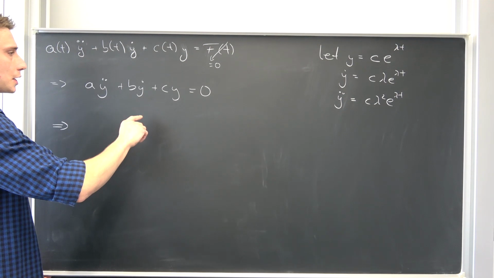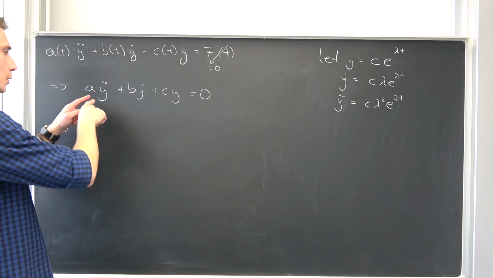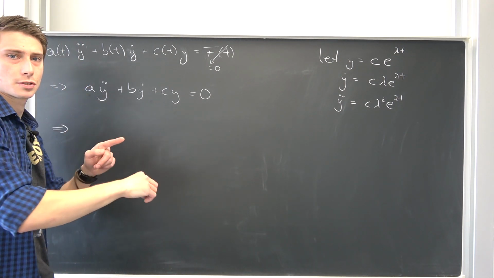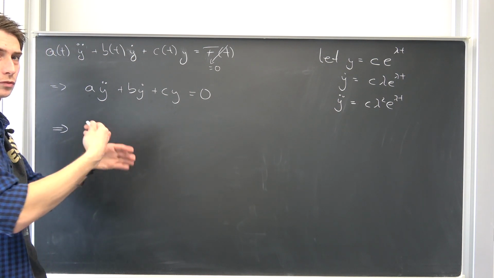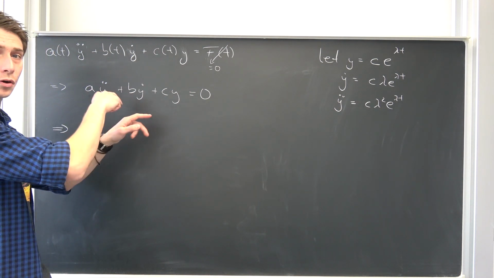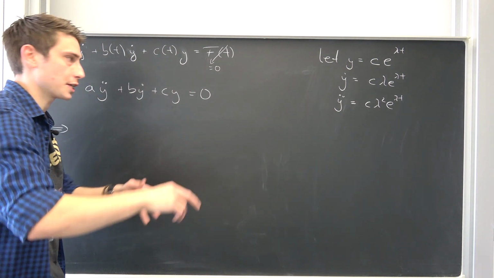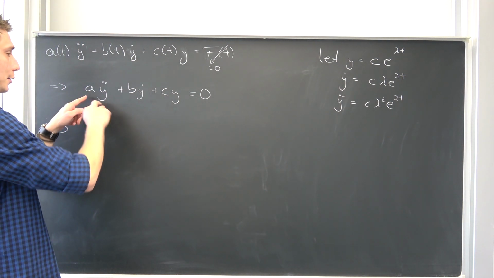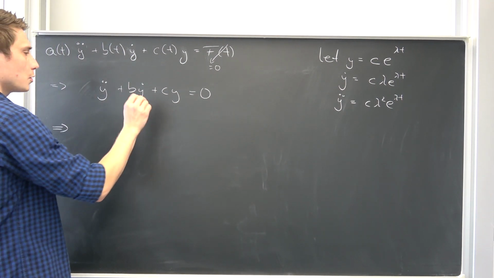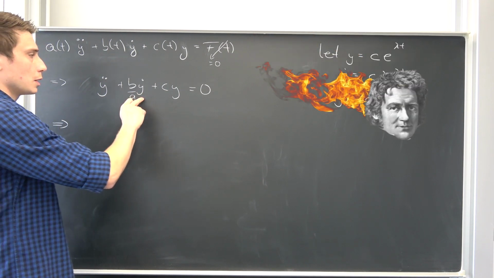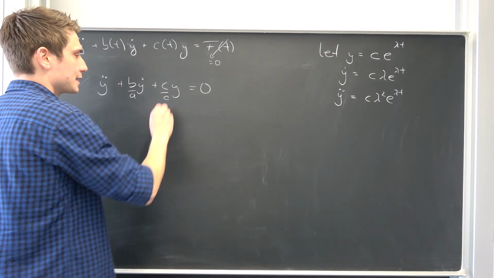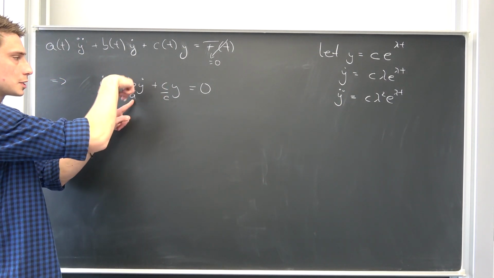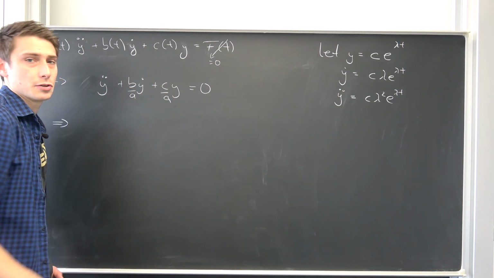Now, one thing I would like to do, we don't want those coefficients to be equal to 0 at the moment, without any restrictions. If one of those is 0, the whole thing is going to be a special case. So why not divide both sides by a right here? We're going to get y double prime plus b over a times y prime plus c over a times y. And we're going to give this b over a and c over a new name.